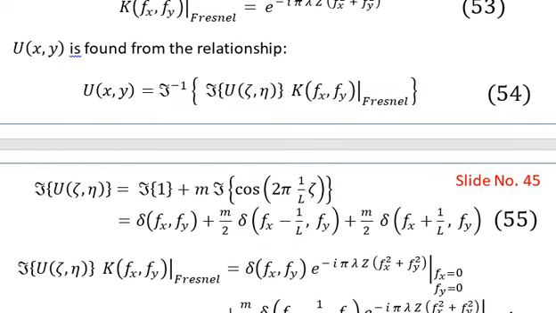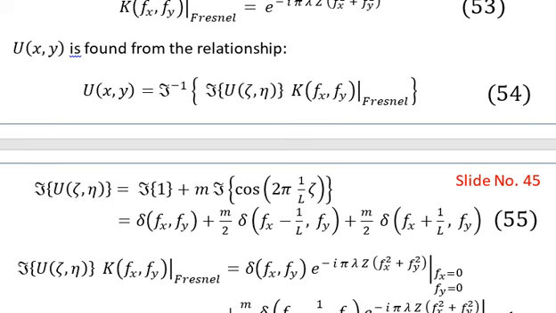Look at this relationship. You see that we have taken the inverse Fourier transform of the product of two quantities on the right hand side. One is the Fourier transform of the input field, multiplied by the Fresnel transfer function. So if you multiply the Fourier transform of the input field with the transfer function of the Fresnel formula and then take the inverse Fourier transform of this product, you will ultimately get the quantity on the left hand side, which is the field at point x comma y.